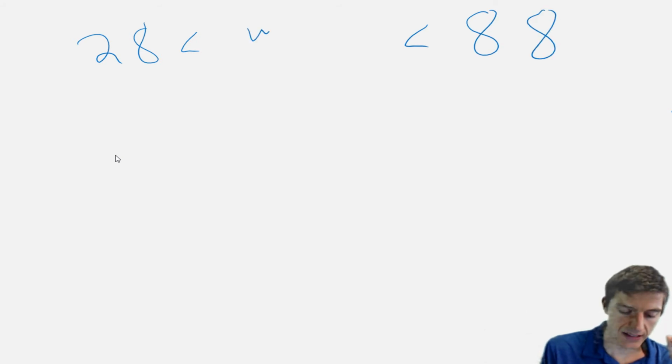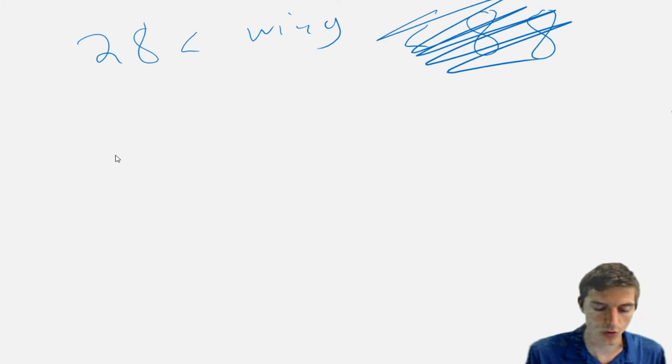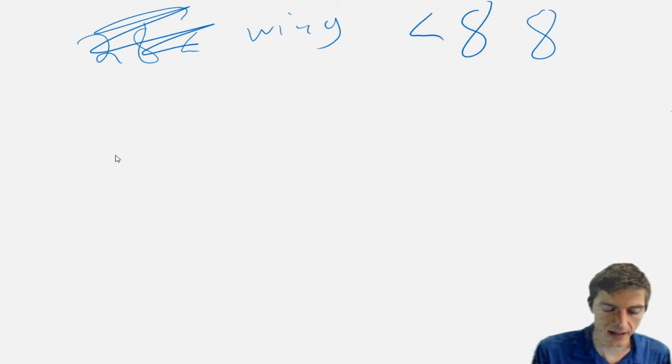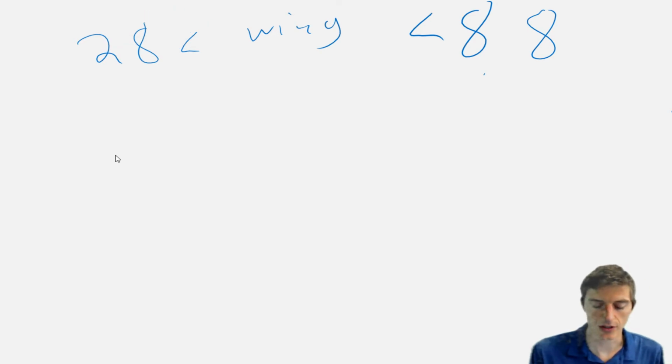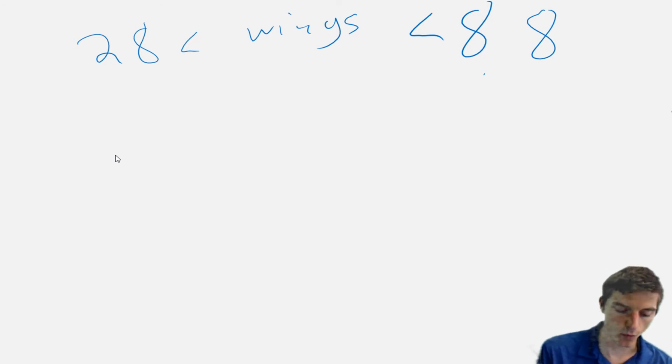So the amount of wings I have, if you just look at this half, I want it to be bigger than 28, but I also want it to be smaller than 88, right? So you can look at each piece individually. I can write it all in one. This is called a compound inequality.